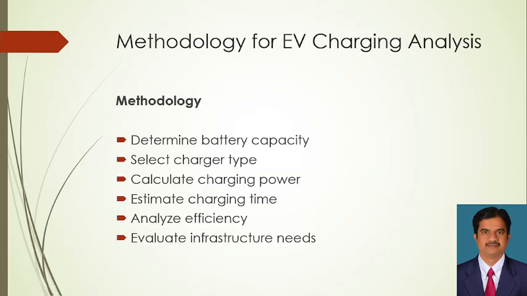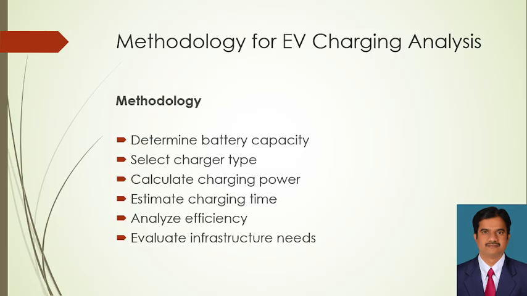So that is what I explained here: determining the battery capacity, and the second one is selecting the charger type. And you need to calculate the charging power also, because according to the power we go for level 1, level 2 and fast charging. Then we need to estimate the charging time. If it is level 1, it is in terms of hours, 6 to 8 hours. If it is level 2, it is 3 to 4 hours.